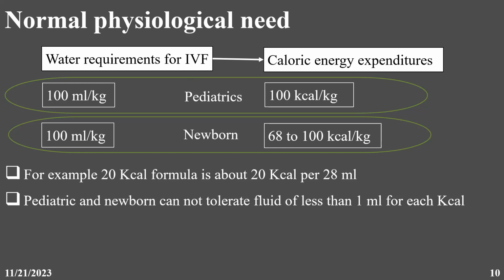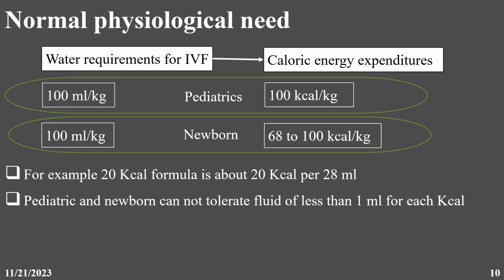So you need more fluid to consume the same calories. And that's the reason when we do the milk, the standard milk, or what we call the 20 kilocalorie formula, the standard formula for newborns, type 1 and type 2, all are 20 kilocalorie formula.